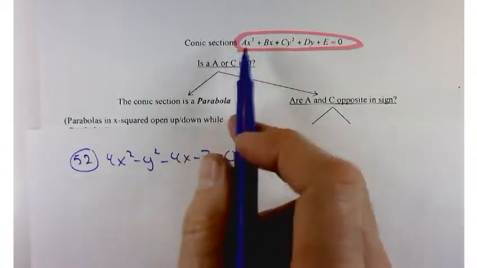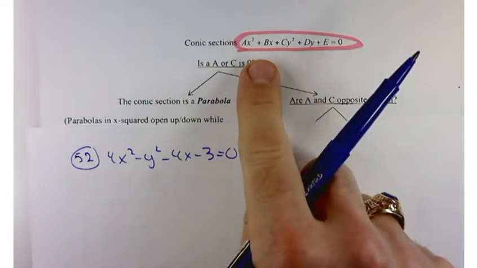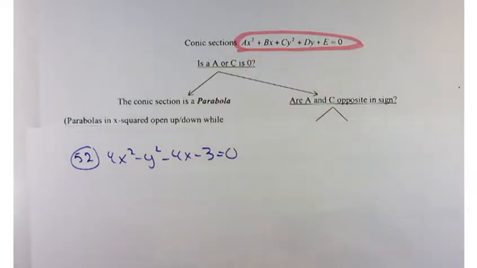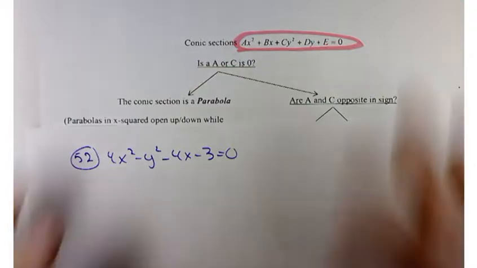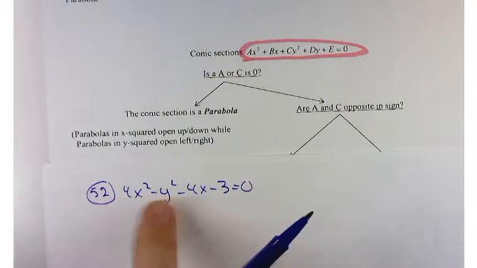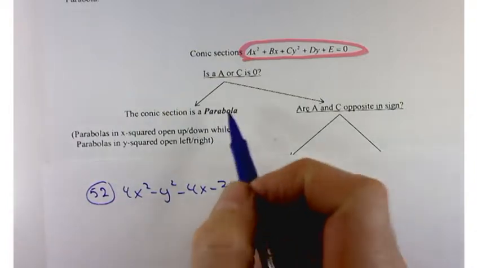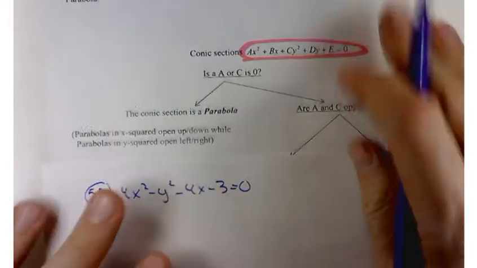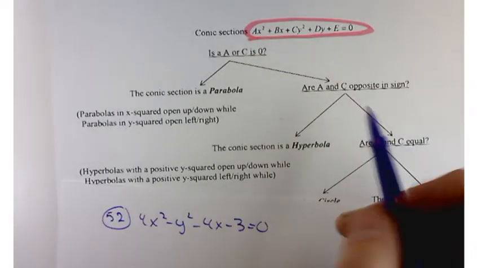Is A or C 0? Basically, if A or C is 0, then there's only one squared term. If there's only one squared term, then your graph is a parabola. End of story. So that's pretty nice. Now, in this case, we happen to have two squared terms. So, okay, it's not a parabola. So let's go down to the next branch.